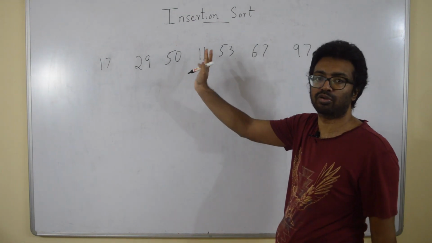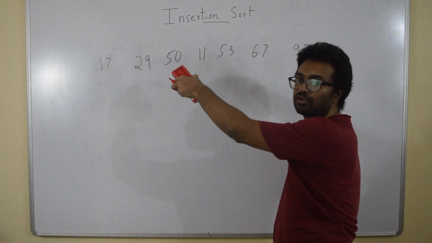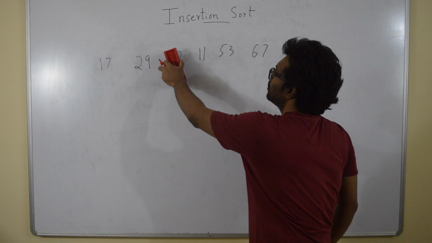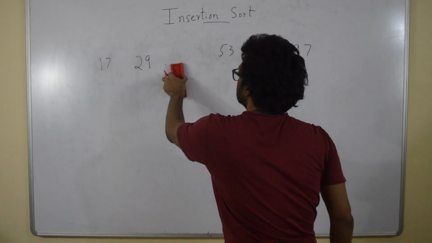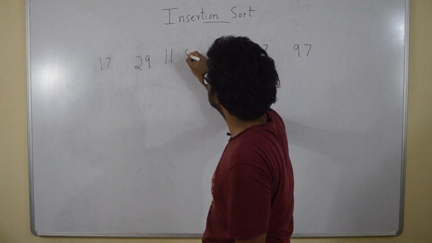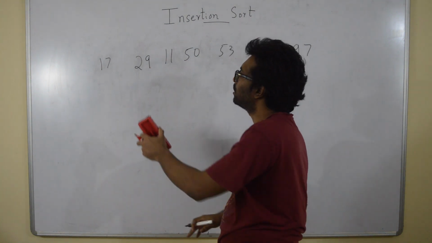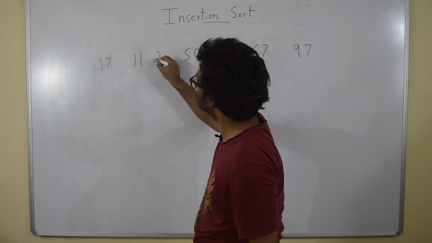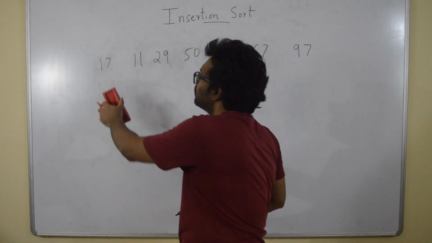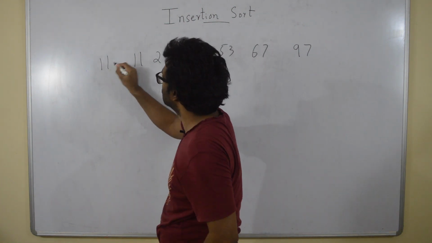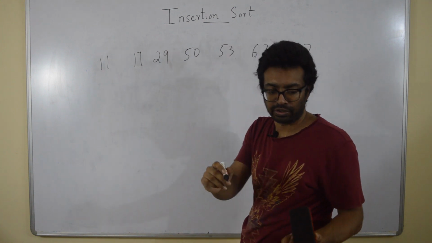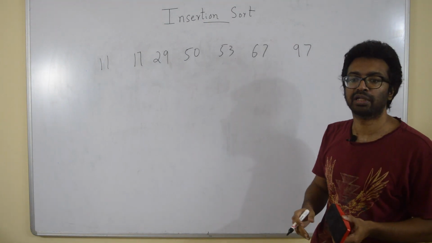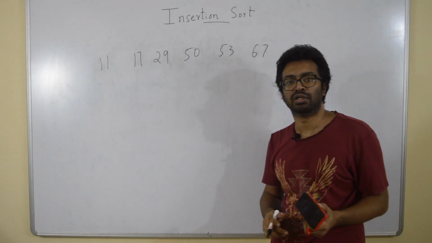So we keep on swapping until it falls into the correct place. 11 and 50, swap again. 11 and 29, swap again. 11 and 17, swap again. Okay, so this is how we are going to implement insertion sort.